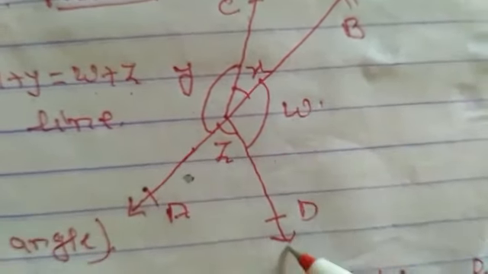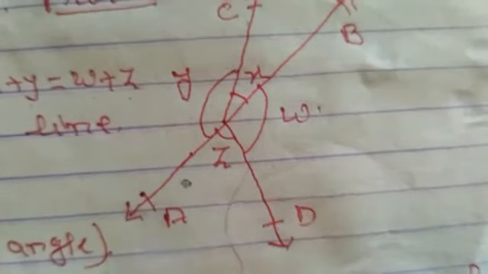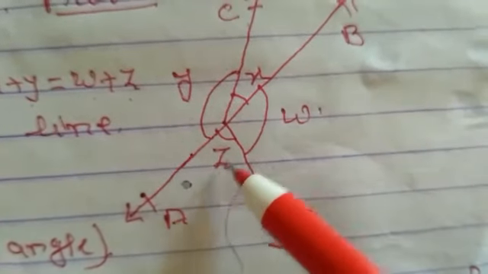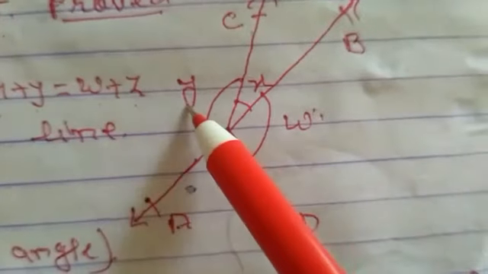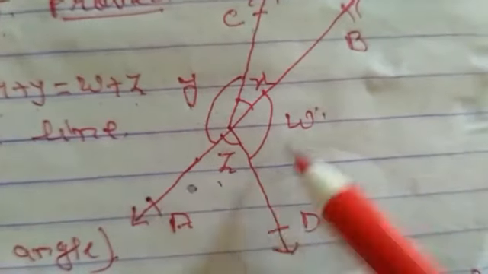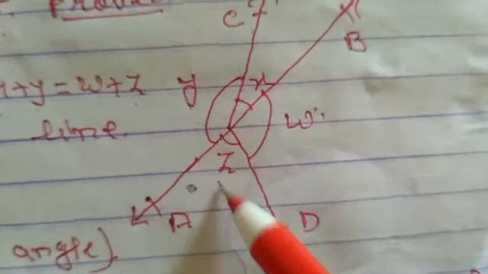Similarly, this line D also meets on AB, making angles w and z. And in the question it is given that x plus y is equal to w plus z. This is the condition. The sum of x and y is equal to the sum of w and z. This condition is given in the question.